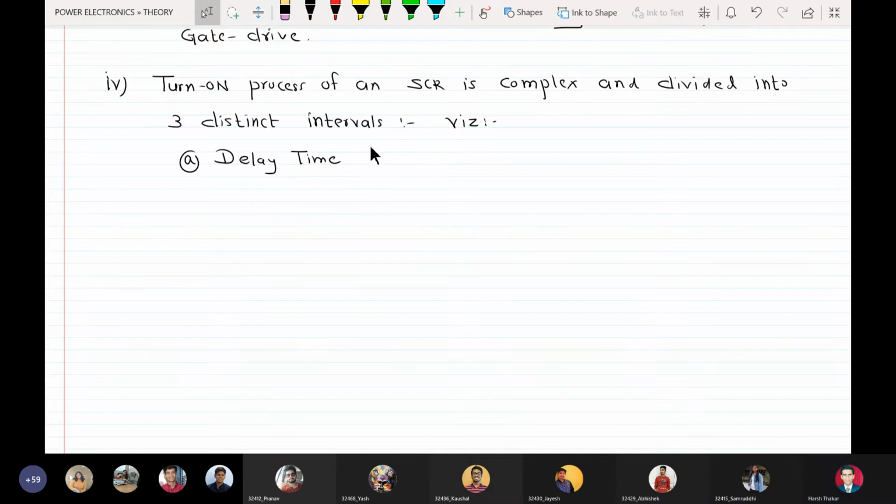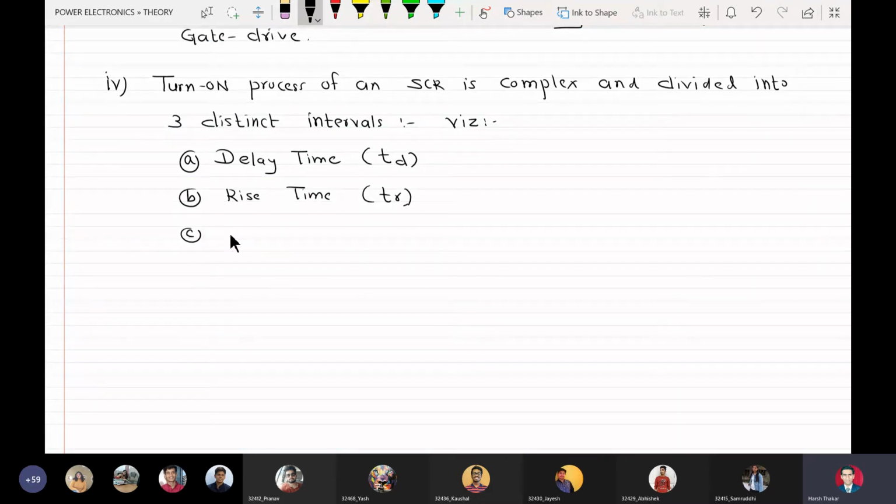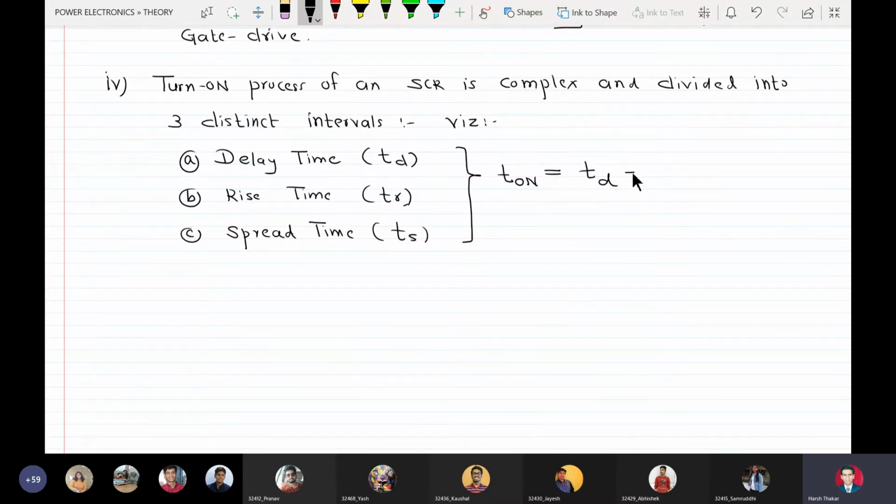Delay time, that is TD. Second is rise time, TR, and third is the spread time, TS. Okay, so these 3 intervals comprise our T on. So we can say the turn on time of an SCR is equal to delay time added to rise time added to spread time.